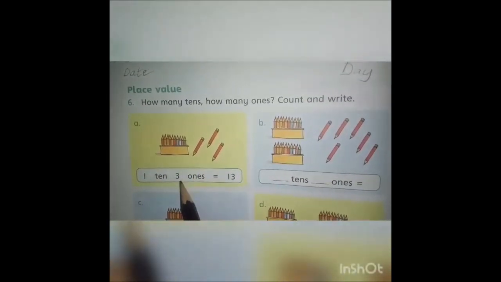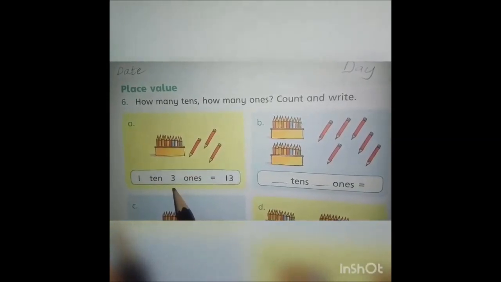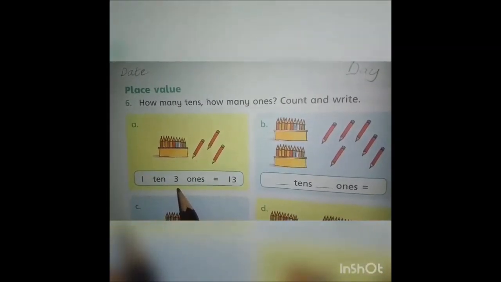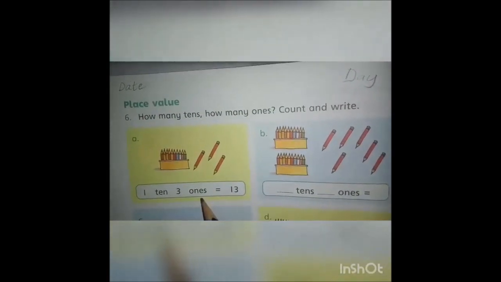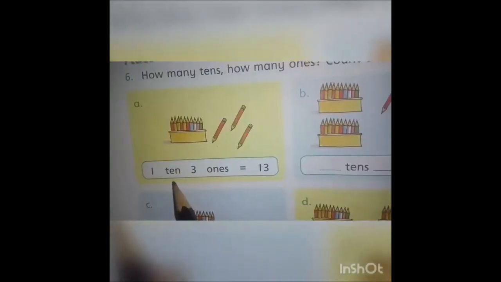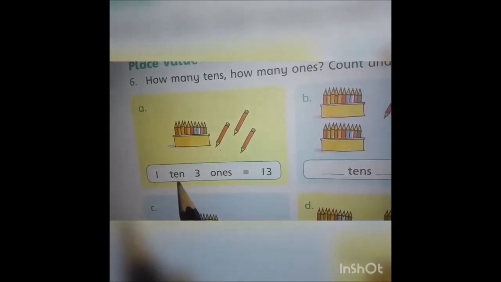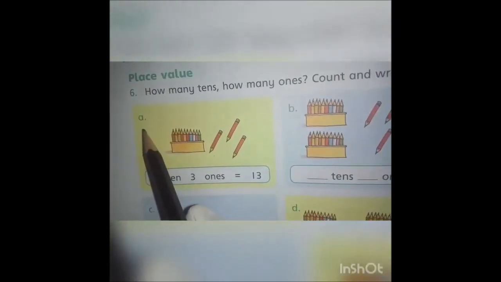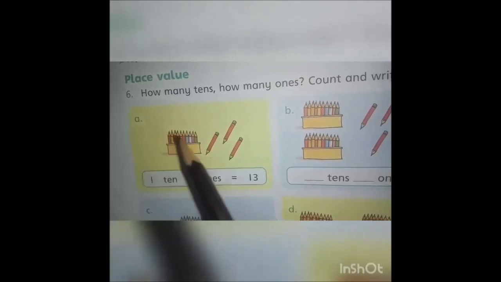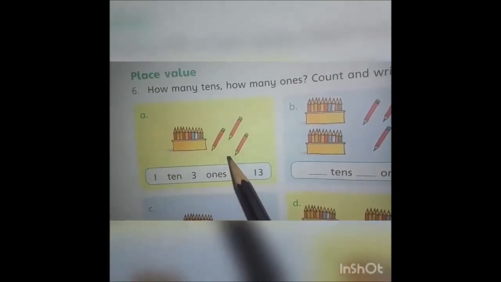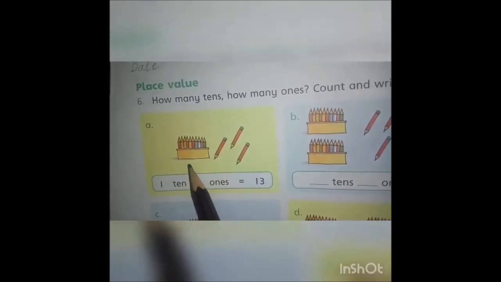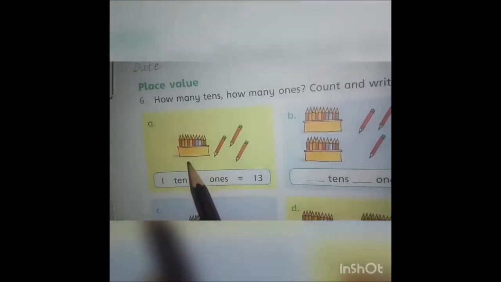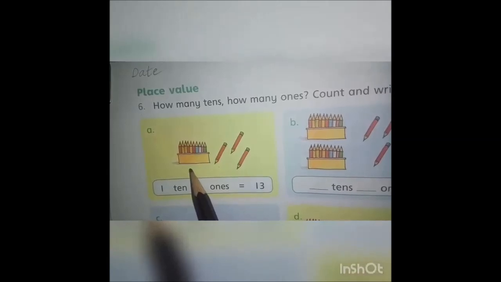Children, all of you know that in the place value chart, first comes ones, then tens. In this part, the single pencils represent ones and the box of pencils represents tens.